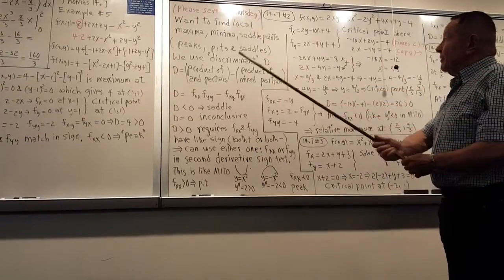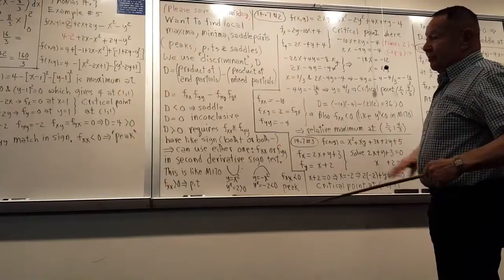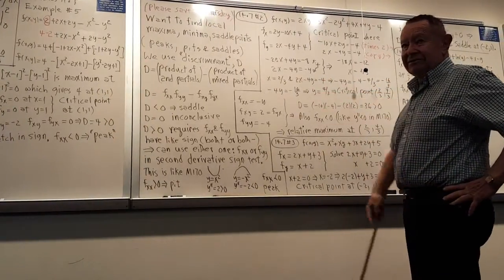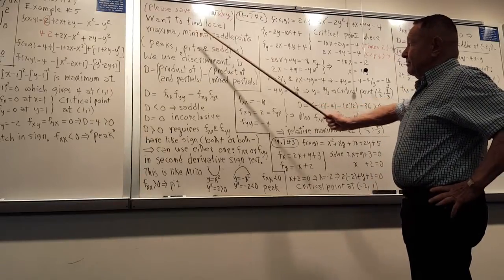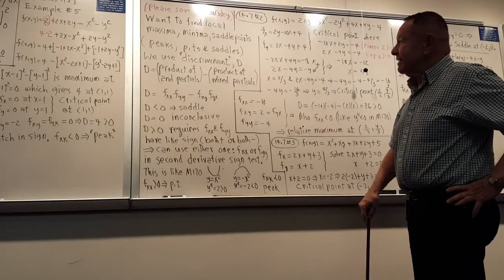If you look at the calculus approach, you want to find local, or you can use the word relative, maximum, minimum, or saddle points, peaks or pits or saddles.